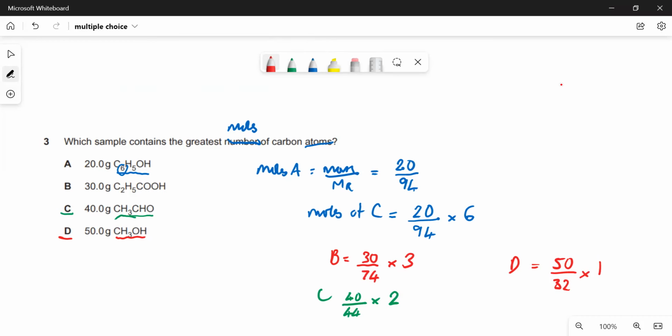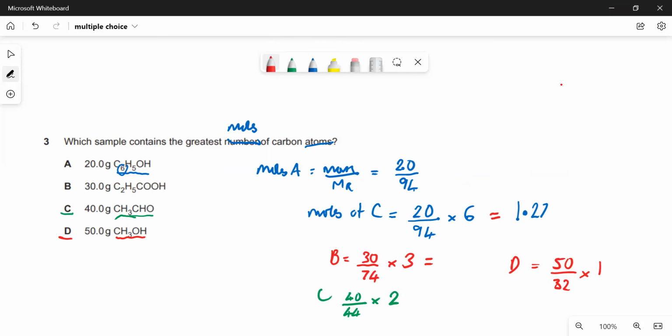Right. So 20 over 94 times 6 works out to be 1.27, just doing it on the calculator. B is going to be about 1.5, isn't it?